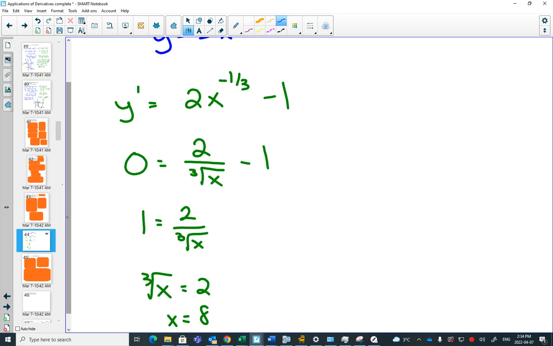Also, and this is why this one is interesting, we also have a non-permissible value on our derivative that we did not have on our original function. So on our derivative, x can't equal 0, because then you would be dividing by 0. But in our original function, x could be equal to 0.